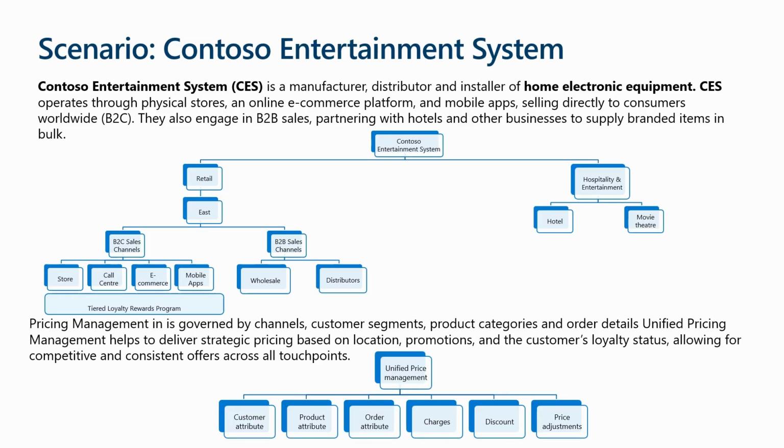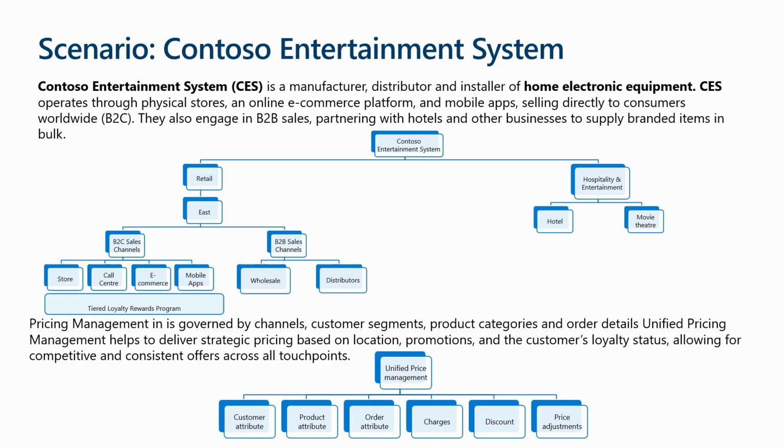Now in these demos, you'll see how unified pricing management helps Contoso manage competitive and consistent pricing across all these channels. Pricing is driven by a mix of price attributes, things like channels, customer affiliations, loyalty programs, or even order attributes.